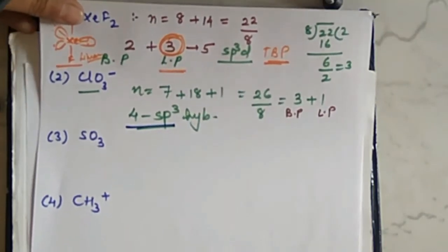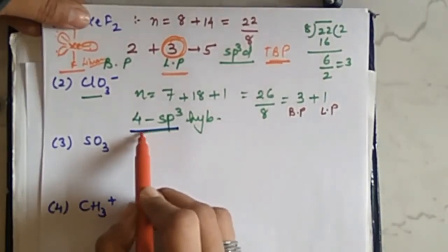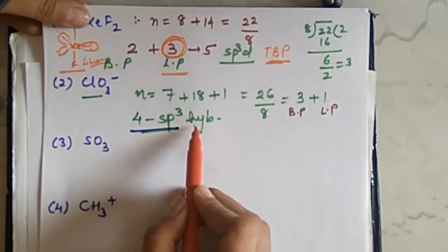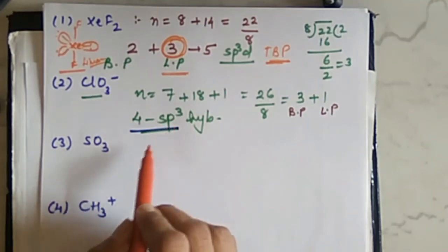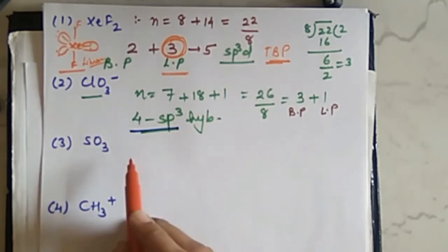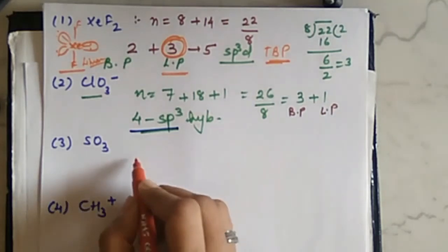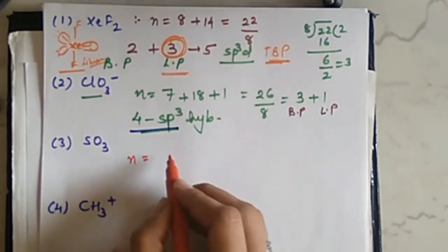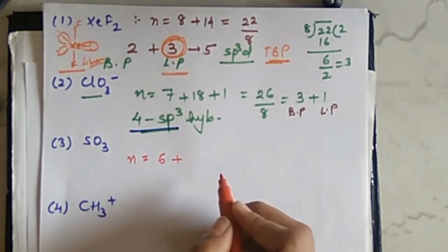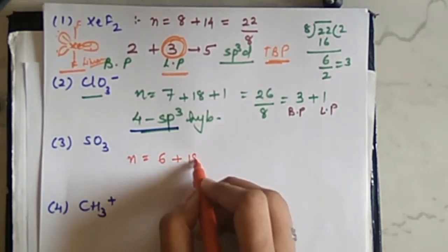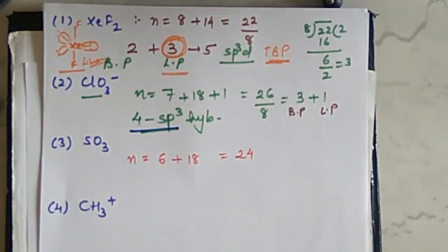So now we'll be calculating only the number of bond pairs and number of lone pairs, and based on that we can identify the type of the hybridization, and we can also predict whether it will be a regular geometry or a distorted one. Now SO3, if we take as an example, N is equal to sulfur 6 plus oxygen 6 into 3, 18, 24, right?